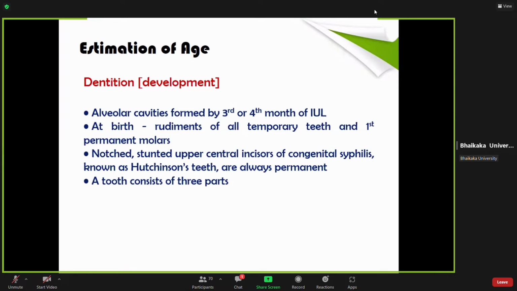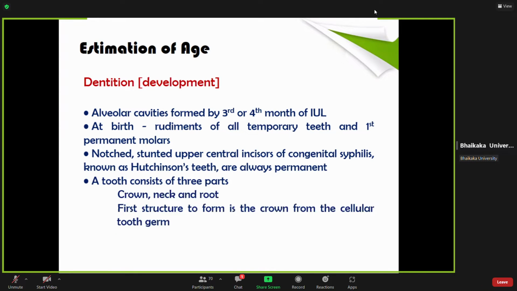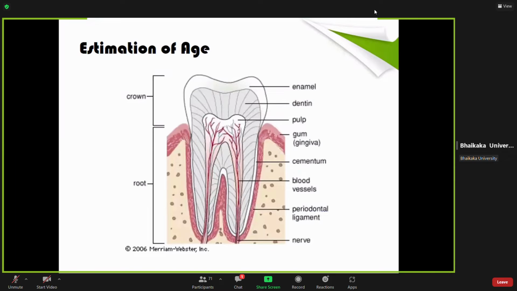A tooth consists of 3 parts: crown, root, and neck. The first structure to form is the crown, then the cellular germ tooth, and after that the root will be formed. This is a normal structure of the tooth. The upper part is crown and the lower part is root. Between them there is the constricted part, which is the neck.